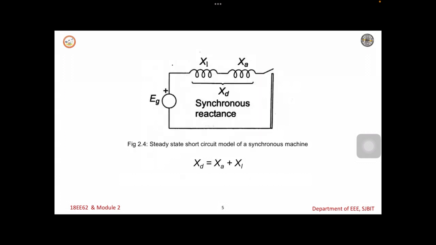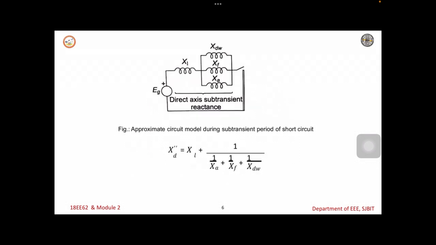Under steady state short circuit conditions, what happens? The armature reaction of the synchronous generator produces a demagnetizing flux. This effect is represented as a reactance called the armature reactance. The sum of the leakage reactance and the armature reactance is called the synchronous reactance. This is what happens under steady state condition.